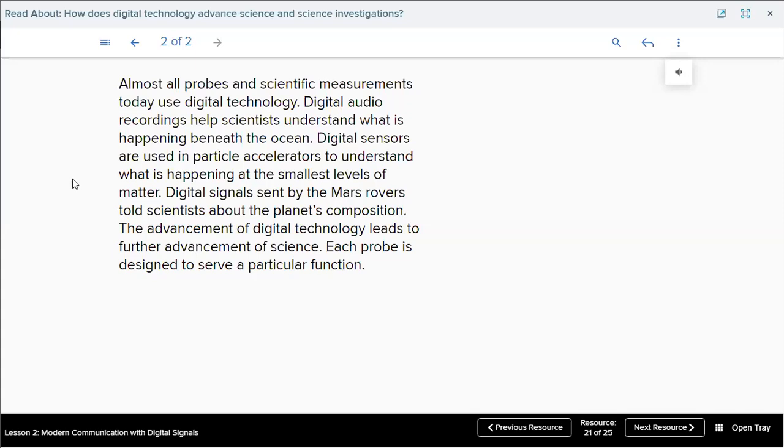Digital signals sent by Mars rovers told scientists about the planet's composition, and the advancement of digital technology leads to further advancement of science. Each probe is designed to serve a particular function.